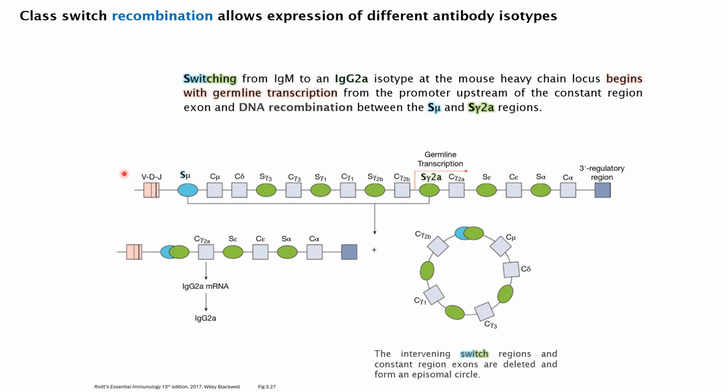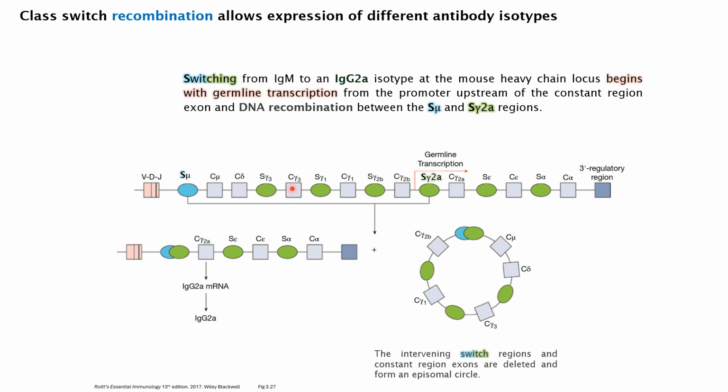So here we've got the VDJ, so this is the heavy chain. We're not interested in that now. We've talked about that. What we're interested in are these constant domains symbolized by the letter C. Remember, we have IgM and IgD expressed on the surface of the immature B cell, and this one, mu, will make IgM.